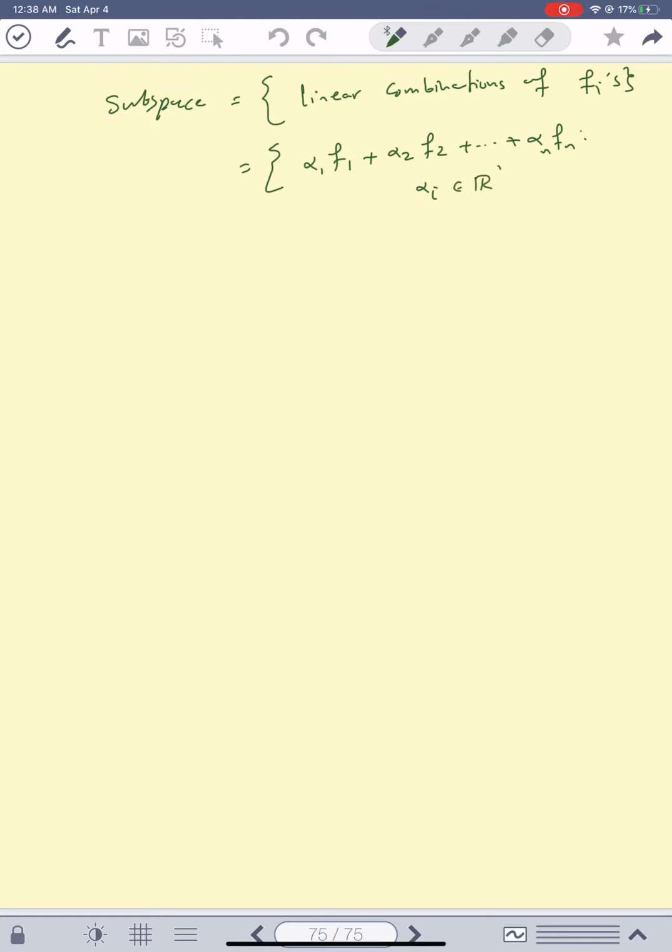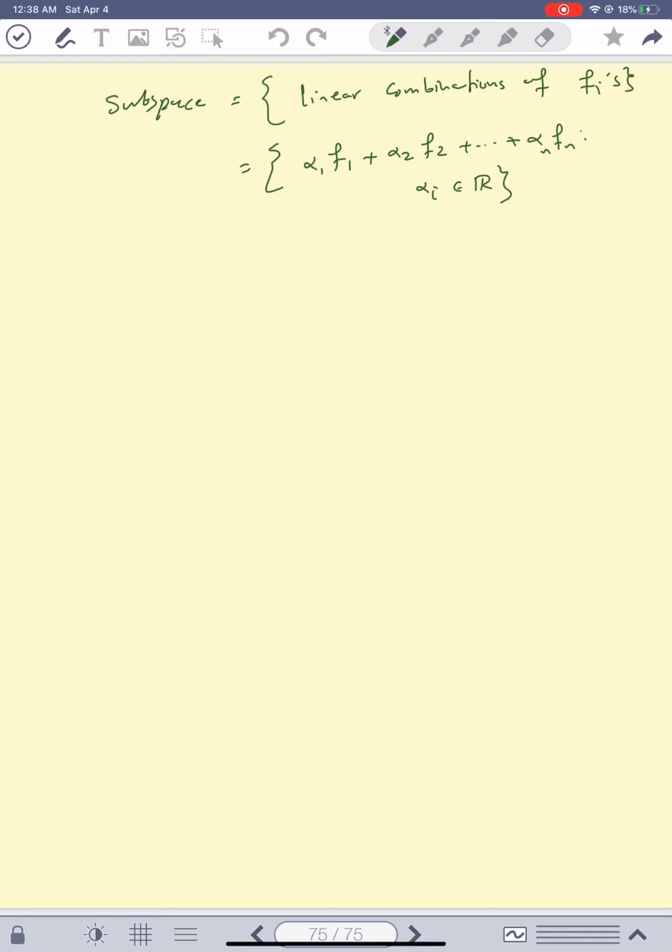But simply, this space or subspace is the set of all linear combinations of the fi's. So that means you take all possible numbers multiplied with the first function, all possible numbers multiplied with the second function, up to the last function. Now, what are the alpha i's? If you are dealing with a real inner product space, they are real numbers. If you're dealing with a complex inner product space, these are complex numbers. So let's say we're dealing with real numbers.